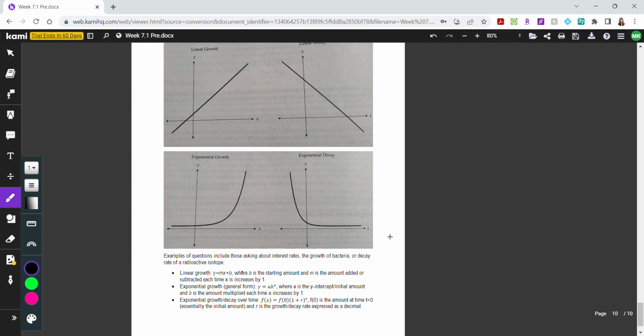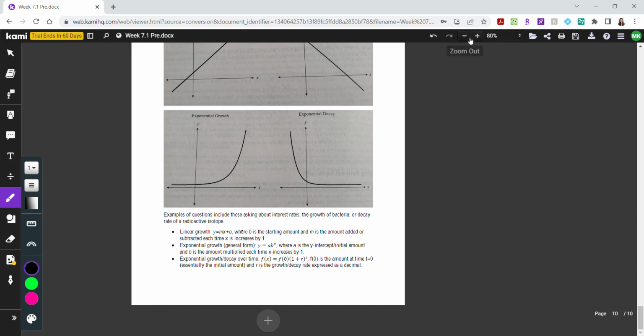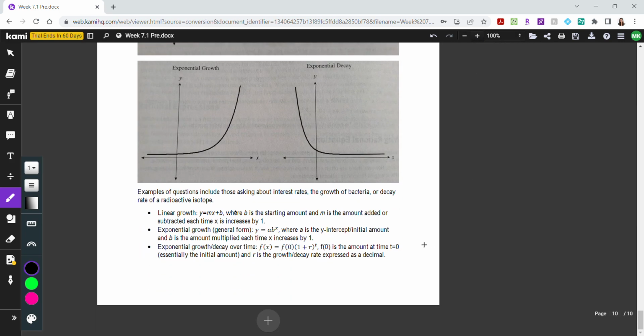Now exponential growth or decay over time is generally given by the equation f(x) equals f(0), which is your initial amount, times 1 plus r. r is your growth or decay rate expressed as a decimal.